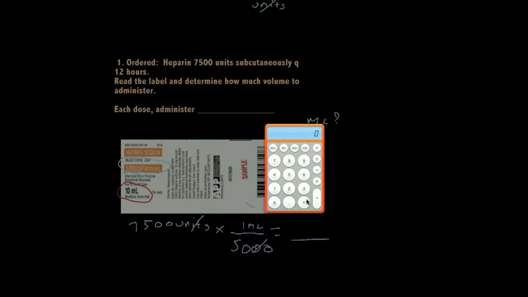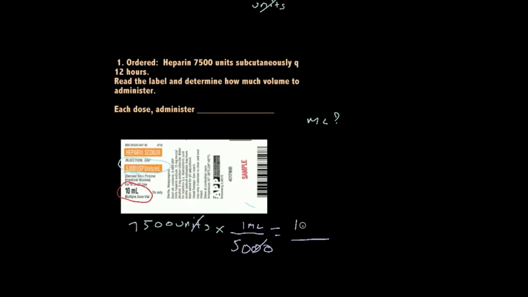Grab my calculator. 7,500 divided by 5,000 equals 1.5. 1.5 milliliters. On milliliters greater than 1, I go out to the hundreds, round to the tens. It's already done so in this case. I ended with milliliters, so I'm good to go on this problem.